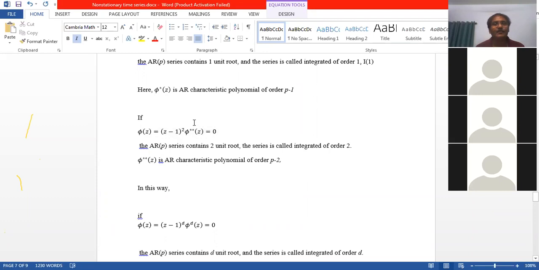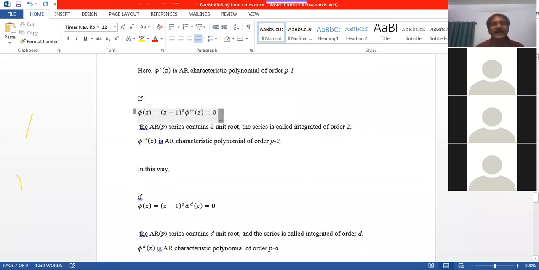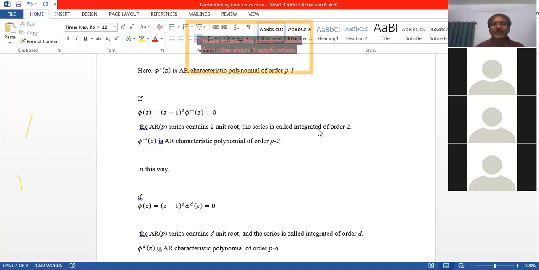If you can express the characteristic equation in this form, then ARP will contain 2 unit roots. So if the characteristic equation looks like this, by solving it, we have 2 roots equal to 1. And in this case, the ARP model will be integrated of order 2.